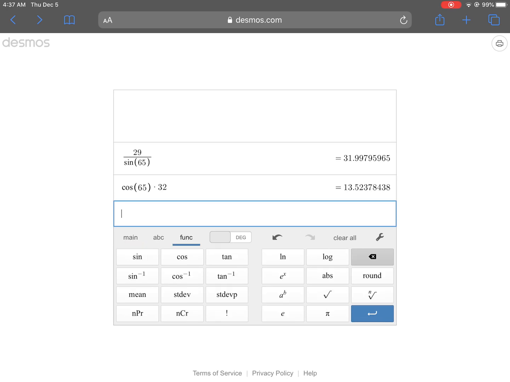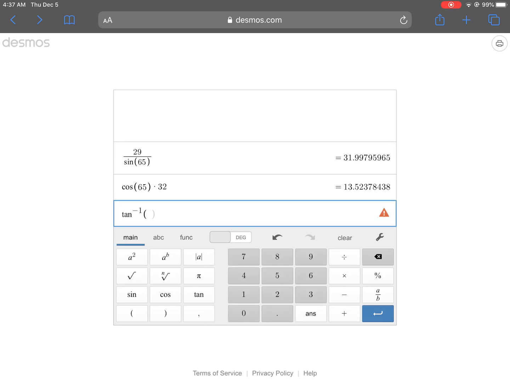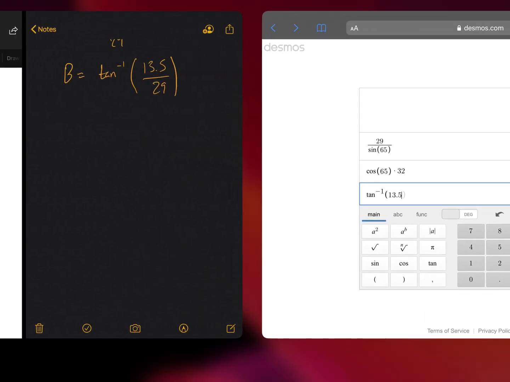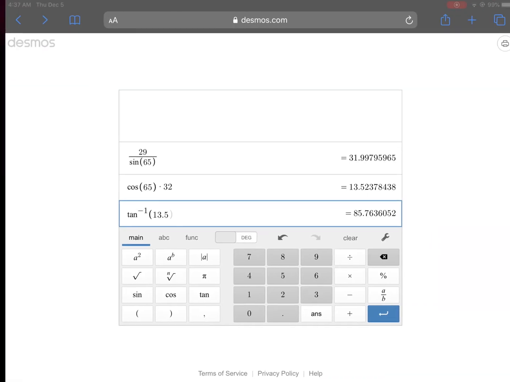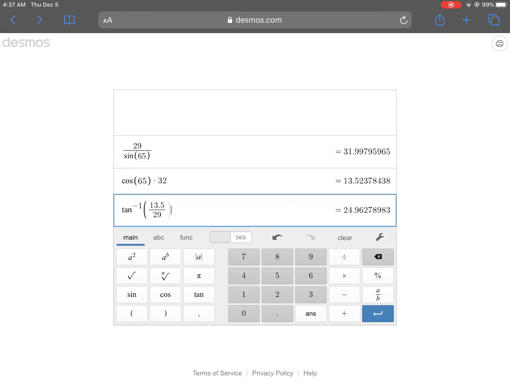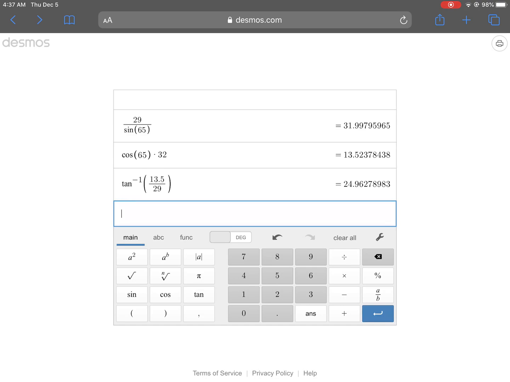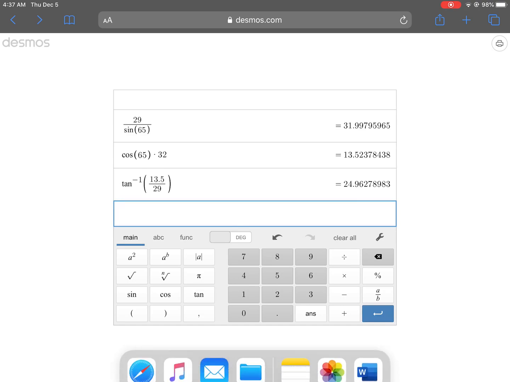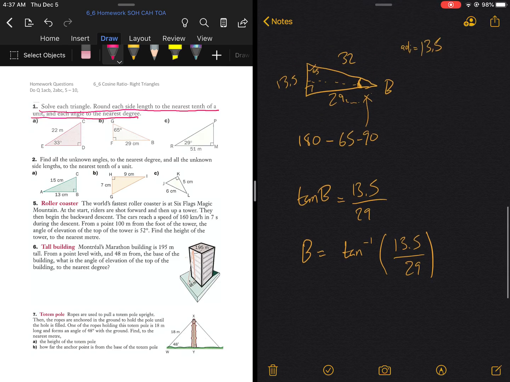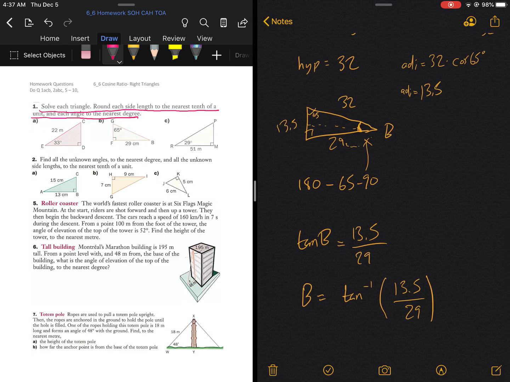So let's solve that. 13.5 divided by 29. The answer is approximately 25. The answer is actually 25. I just get a decimal number because I rounded 13.5.